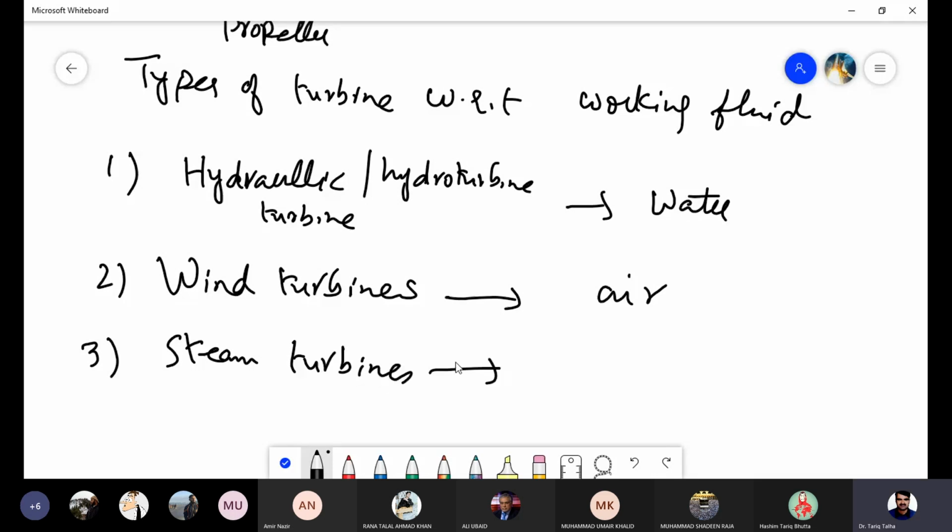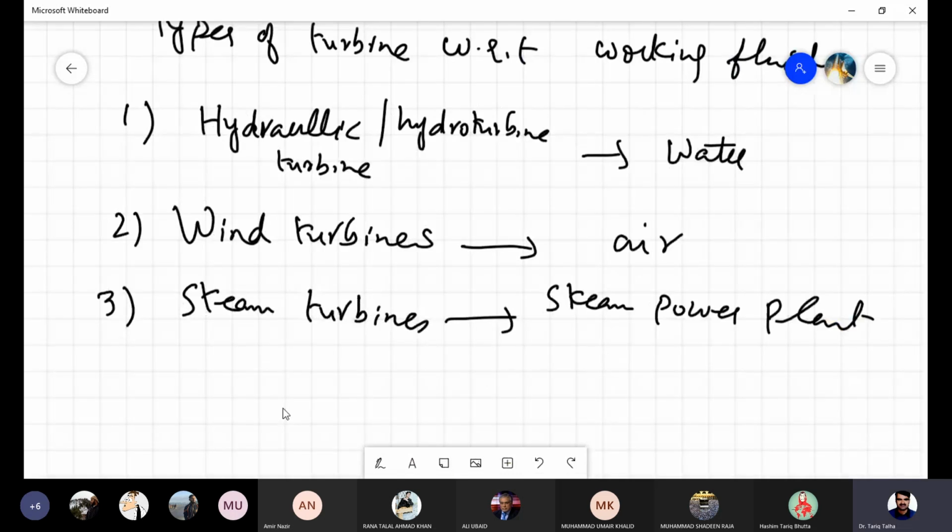Okay, what else? We have got steam turbines. So where do we see steam turbines? In steam power plant. So in this case, the boiler is used to convert water into steam, highly pressurized, superheated steam, like you must have studied in thermodynamics too. And then we can employ that superheated steam to strike the runner of a steam turbine, and then we can extract useful mechanical energy from that. Right. Anything else we can think of?